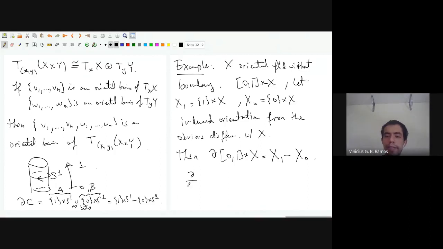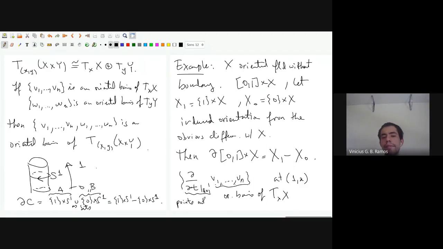An oriented basis here is going to be d/dt, and then an oriented basis of X. If you are at a point (1, x), then you have this at (1, x), and then this is an oriented basis of T_x X. And the point is that d/dt at (1, x) is going to point outwards.